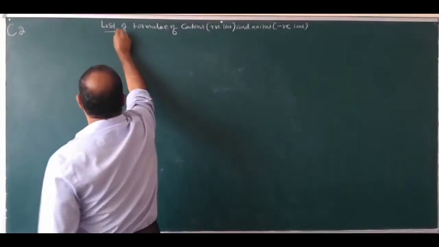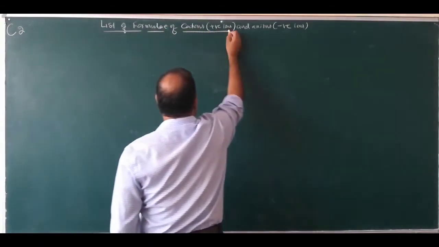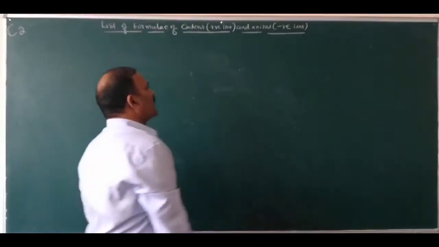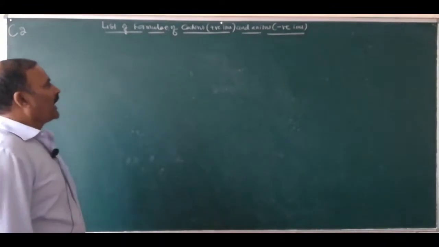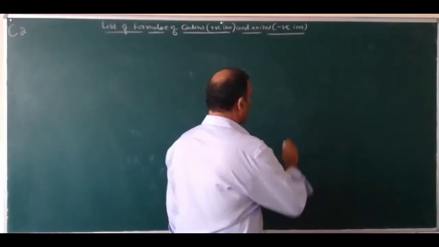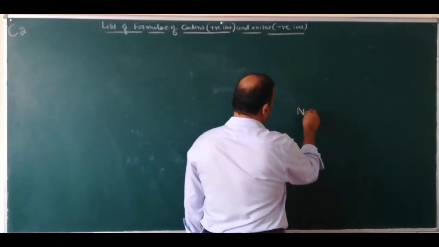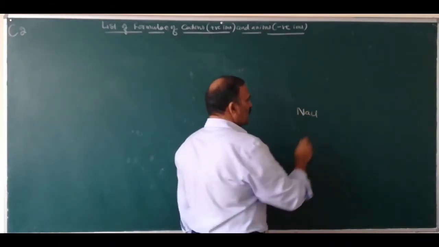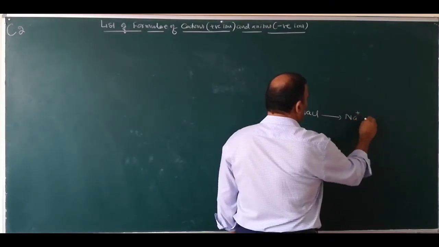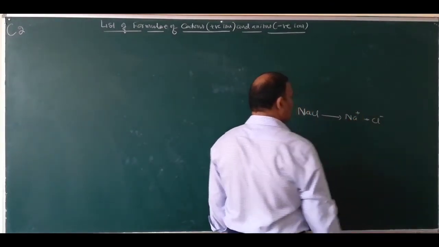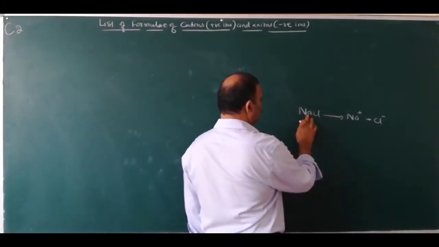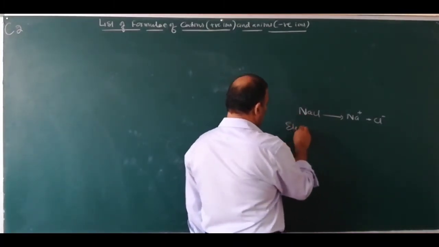The ions carrying positive charges are called cations. The ions carrying negative charges are called anions. Say for example, how the ions are formed. Sodium chloride, when dissolved in water, splits up into Na plus and Cl minus. So this is an electrolyte.